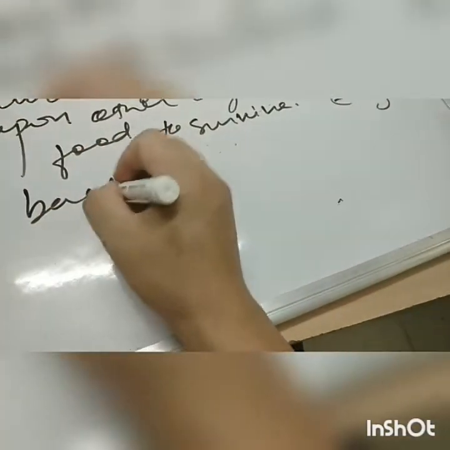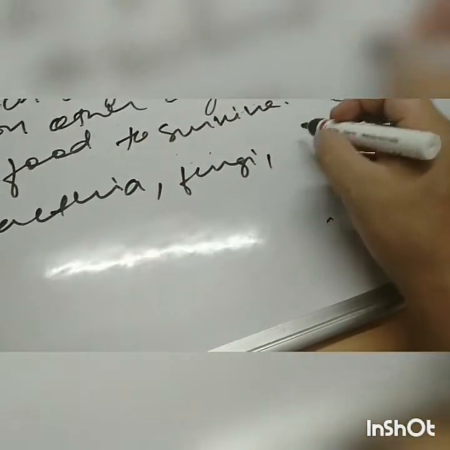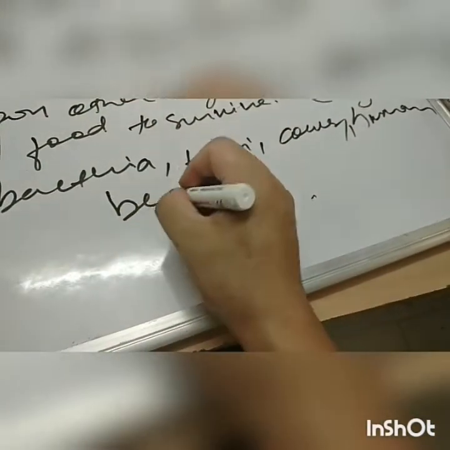Examples are bacteria, fungi, cows, human beings. Alright, this is a standard definition of heterotrophic nutrition.